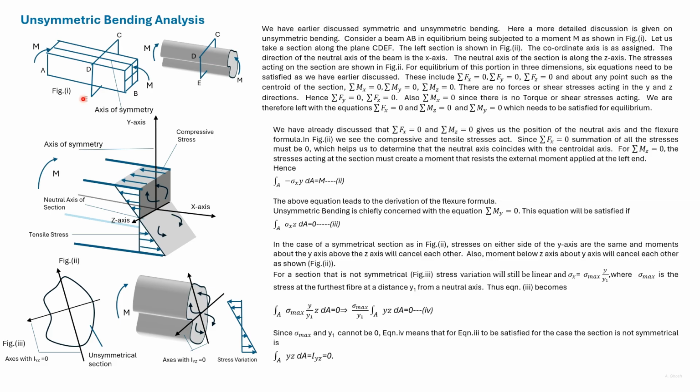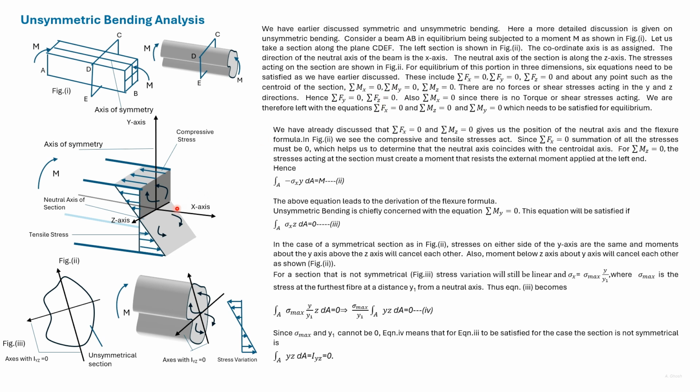Let us consider the portion to the left of the cross section. The portion to the left is in equilibrium and a 3D object needs to satisfy 6 equations. 3 of these equations involve forces and 3 involve moments.